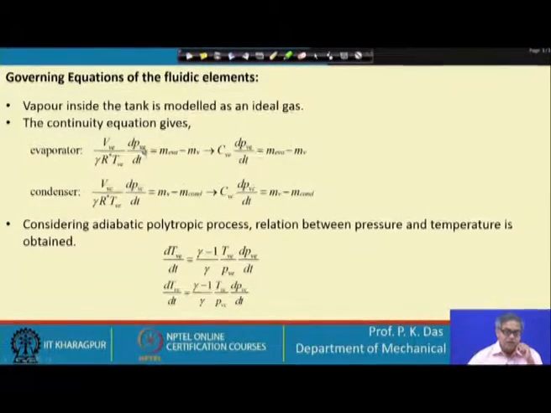So, PVE, that is the pressure of the vapor in the evaporator section, and VVE is the volume of the vapor in the evaporator section, R is the gas constant and gamma is the ratio of the specific heats, Cp by Cv, and this quantity is equal to our m dot evaporator minus m dot vapor, which is going out. That means let us go to the previous slide.